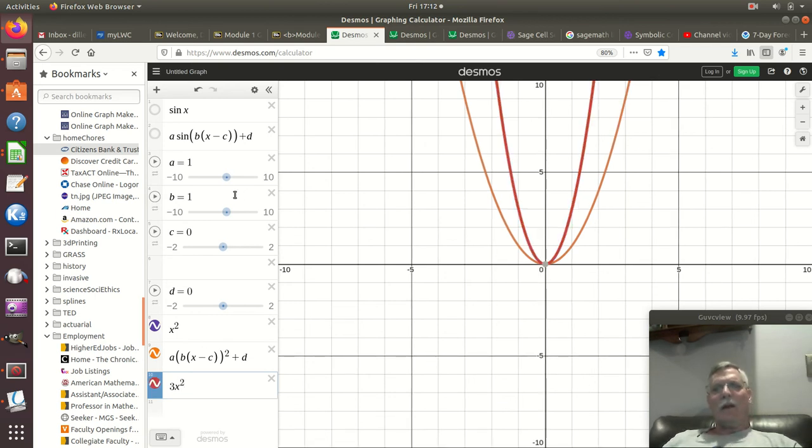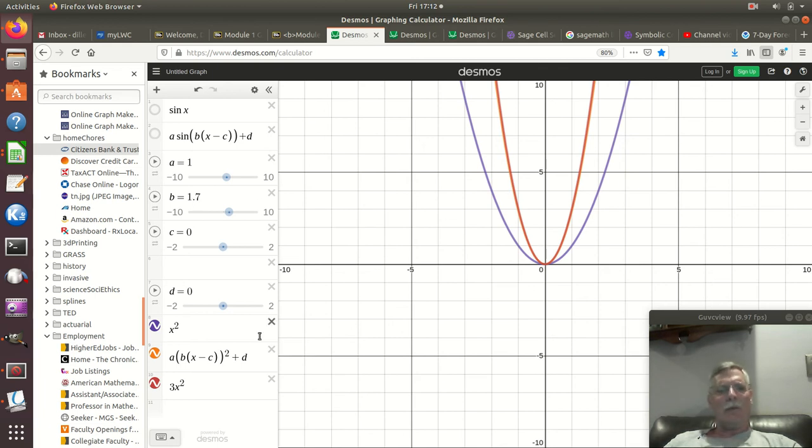Now, if I take b and I start changing that, if I make that bigger, remember that squeezes in, and I get it to right there, and they're the same. Oh, b is about 1.7. See, here, 3x squared, when a was 3, I got this picture. Now, if I put a back to 1, but then b at 1.7, I get the same picture.